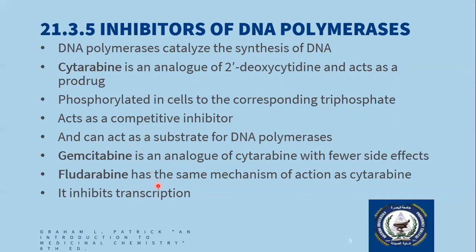Fludarabine has the same mechanism of action, but fludarabine also inhibits transcription, which means it can inhibit not only DNA polymerases but also RNA synthesis. Well, cytarabine may also inhibit transcription as well.